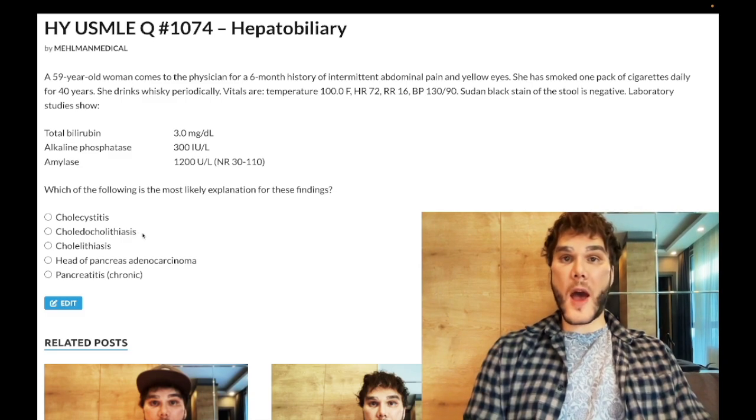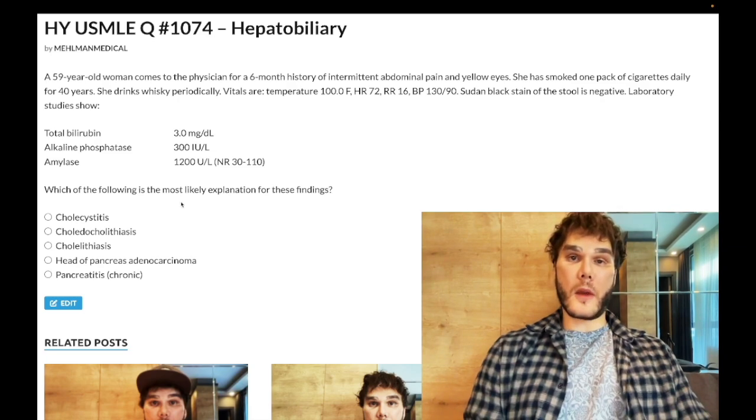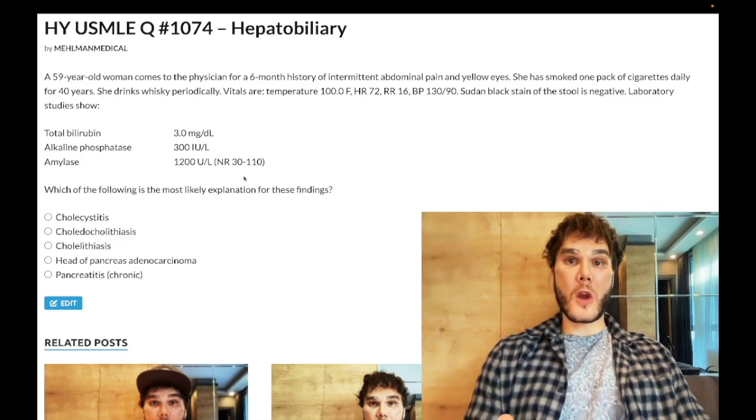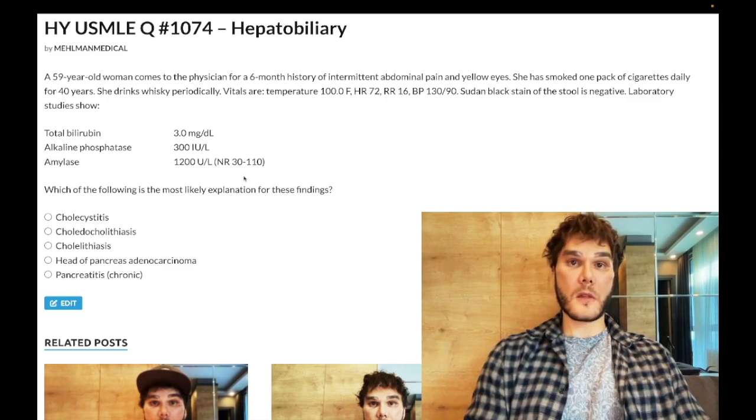The stone can be higher up in the biliary tree where it does not block off the hepatopancreatic ampulla, and our amylase and lipase would be normal. Then you'd have obstructive jaundice with normal amylase and lipase. Could this be cholelithiasis or head of pancreas cancer? They're both important causes of obstructive jaundice with a normal amylase and lipase.